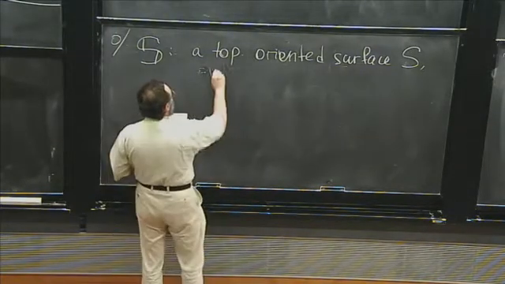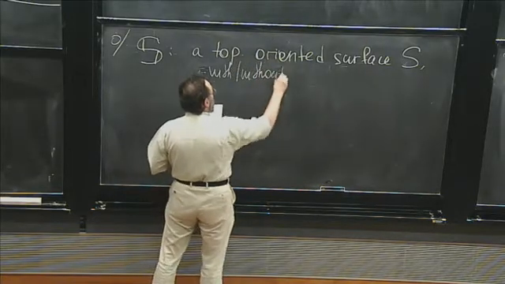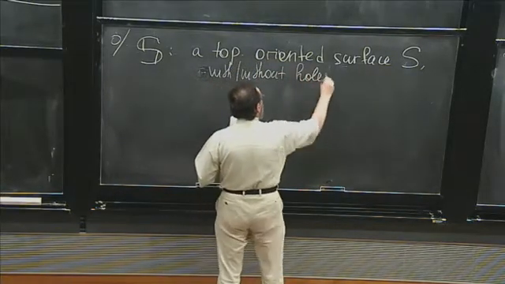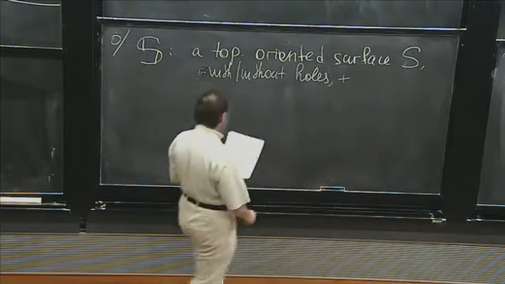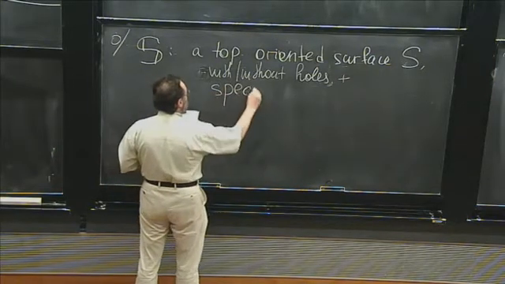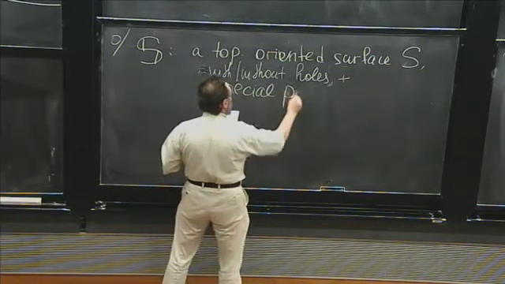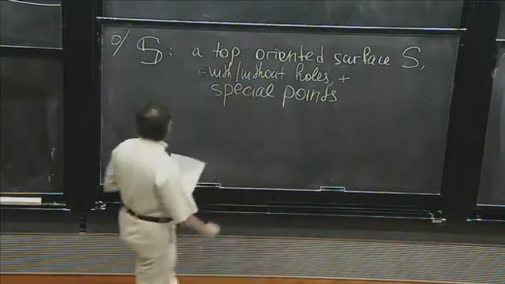First of all, it could be with or without holes. Plus that, it has a collection of special points on the inside or on the boundary. So altogether, it looks like that.